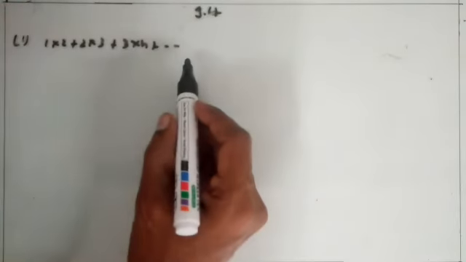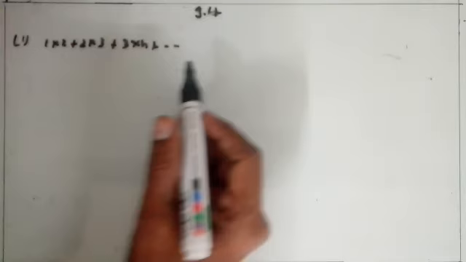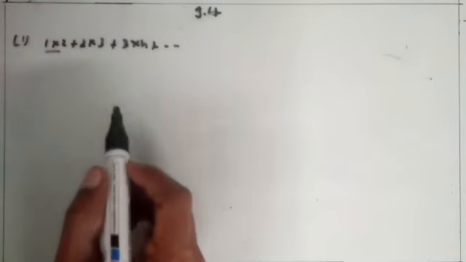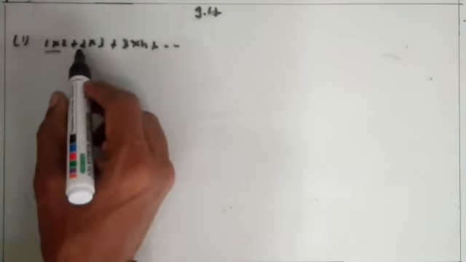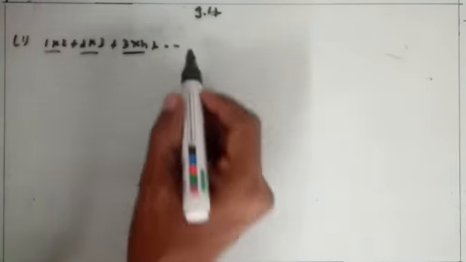In this type of series, first we find the nth term. Here the first term is 1 into 2, the second term is 2 into 3, and the third term is 3 into 4.